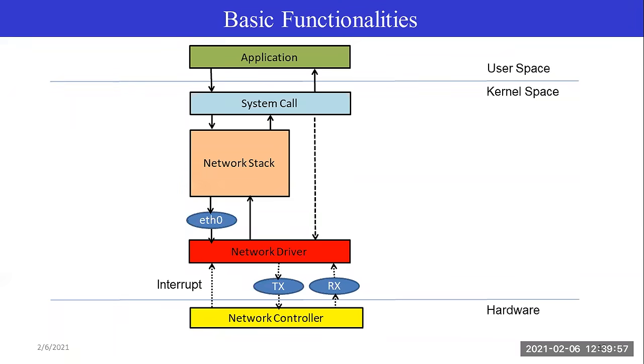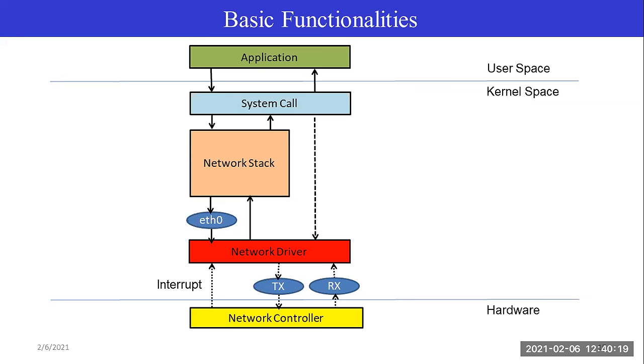The other thing that can be done is that whenever the network driver gets the interrupt, instead of reading only one packet, it will check all the packets that are currently available in the hardware queue of the network controller. So it will receive all the packets in one shot.